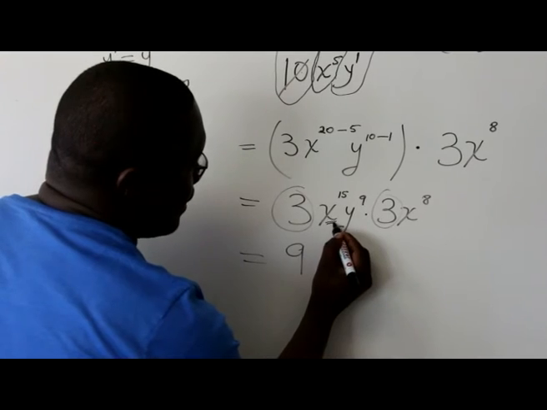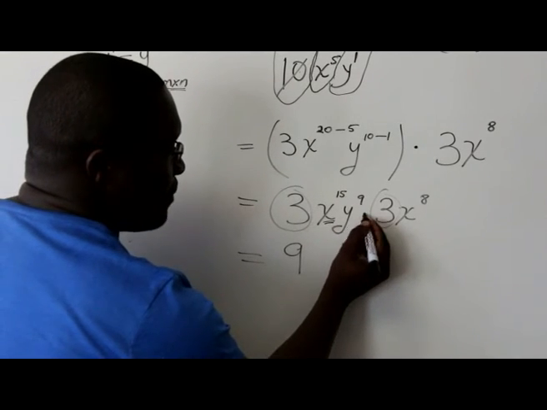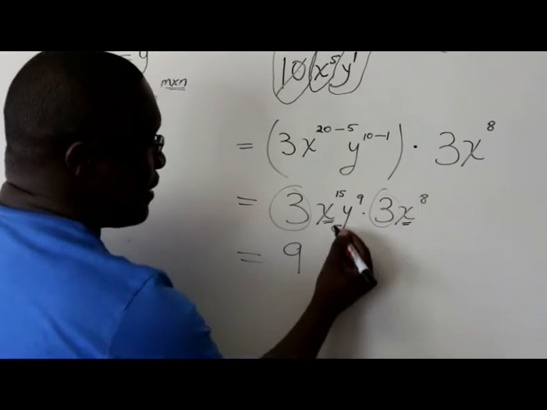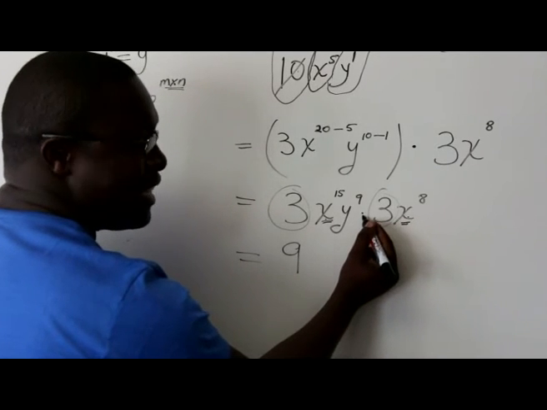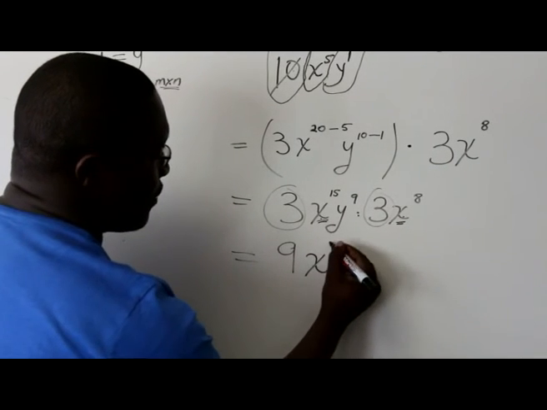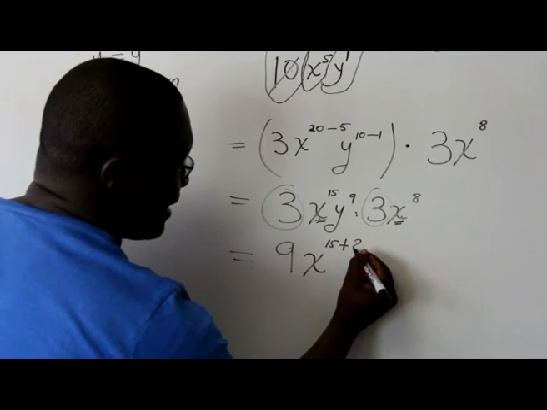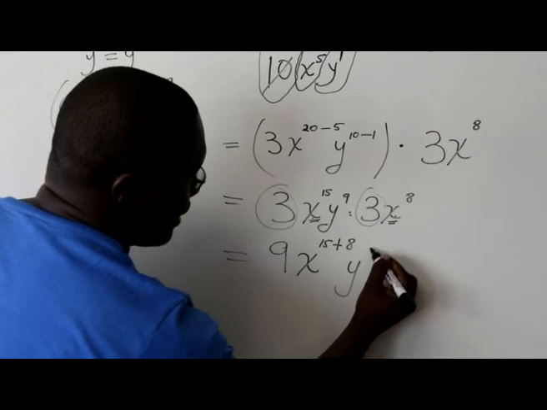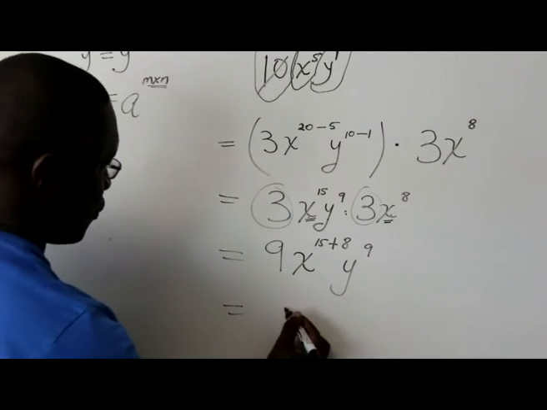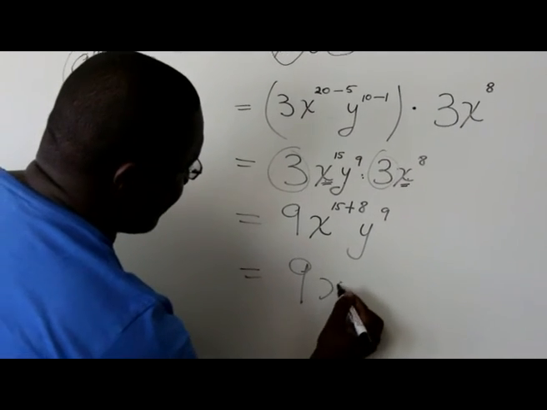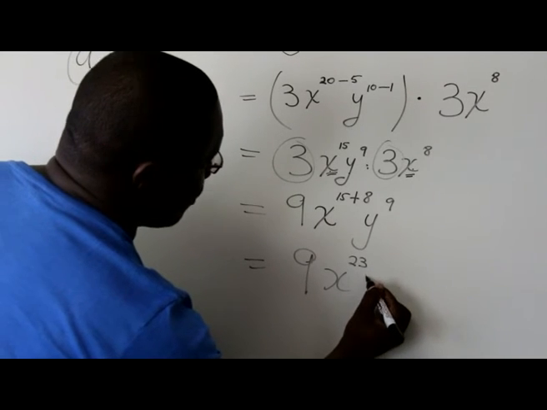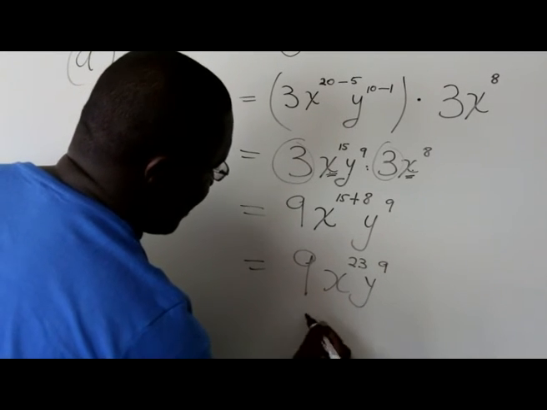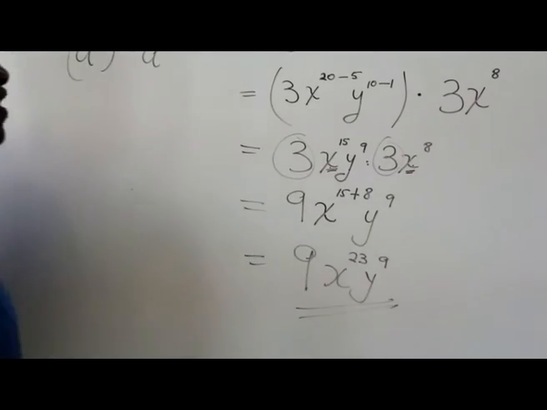Then there's this x times x, right? Same base, multiplication. So it's going to be x to the power of 15 plus 8. And then because there's no other y here, it's just going to remain the same. So it's going to be 9x to the power of 23, y to the power of 9. That is your final answer.